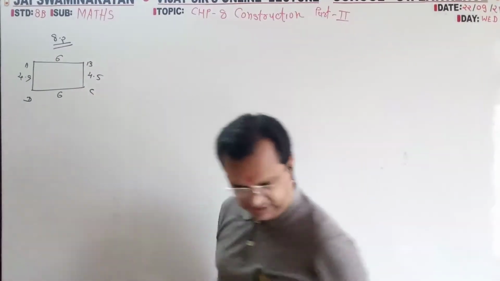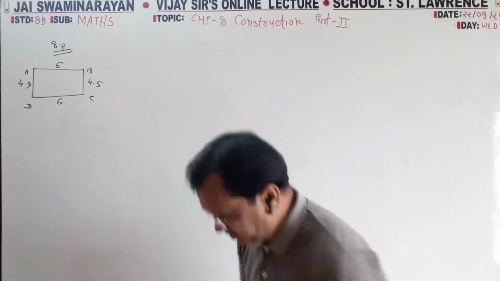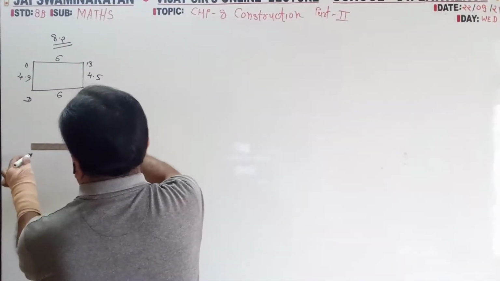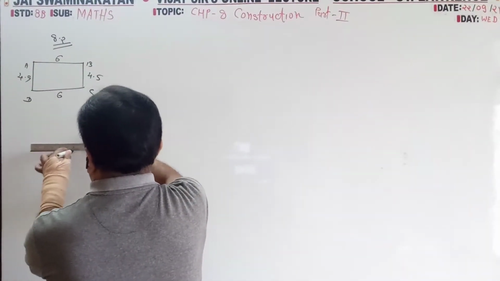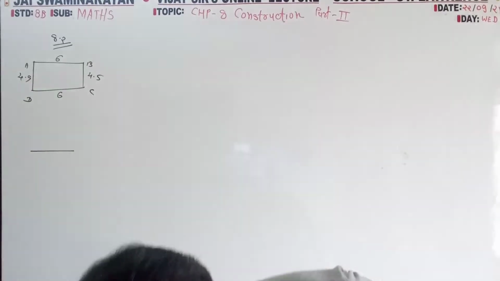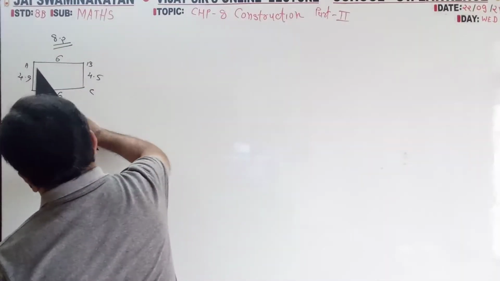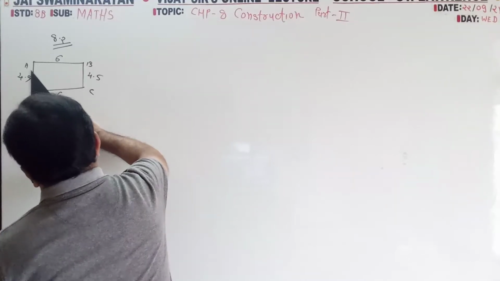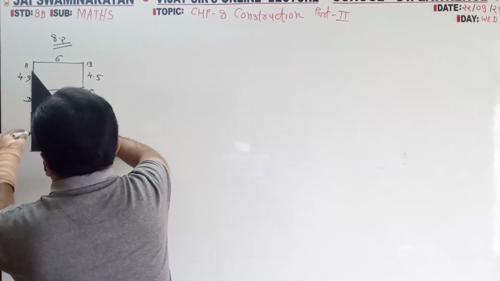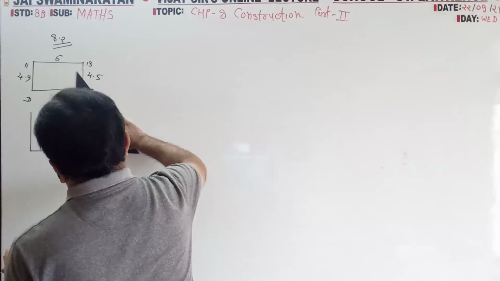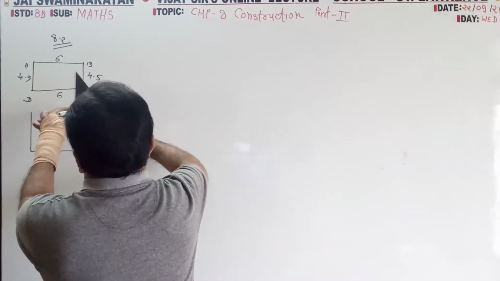First draw 6 centimeter, that I will take in inch. Then draw 90 degree. Then here also you have to draw 90 degree.